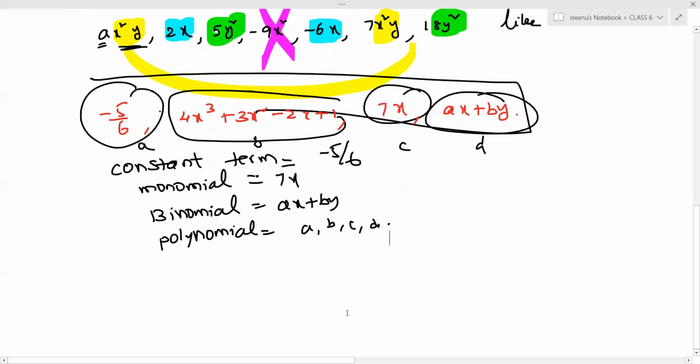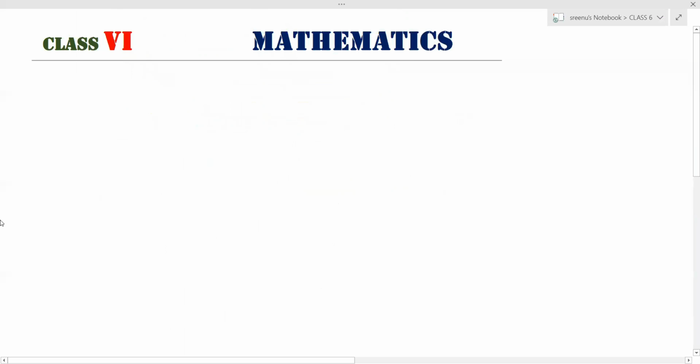Likewise we do. And some problems based on addition and subtraction of like terms we will do this class. Add like terms. The questions are like this.